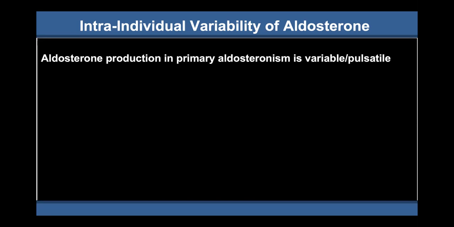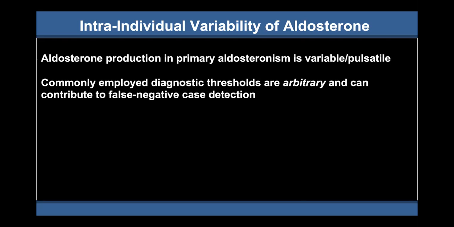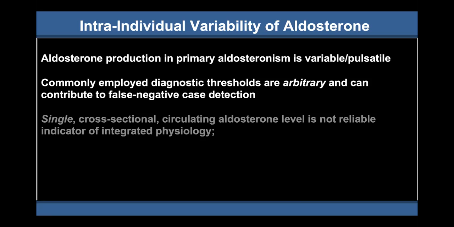So, aldosterone production in primary aldosteronism is variable, it's pulsatile. Commonly used diagnostic thresholds are arbitrary. We made them up. And if you use them strictly, it can contribute to false negative case detection, erroneously missing real cases of primary aldosteronism because you strictly followed these diagnostic thresholds.